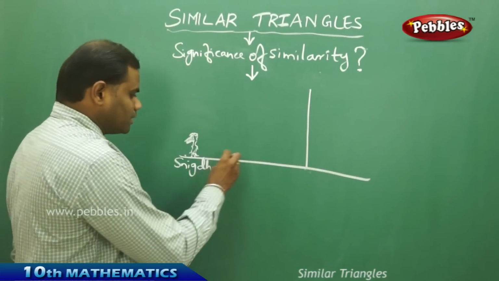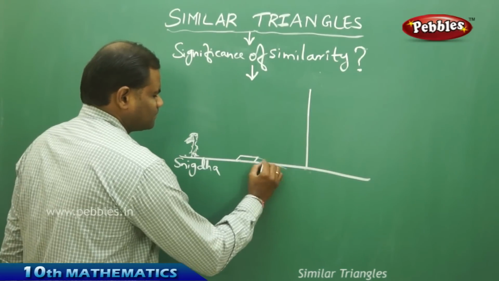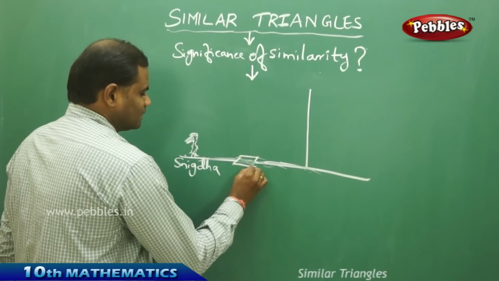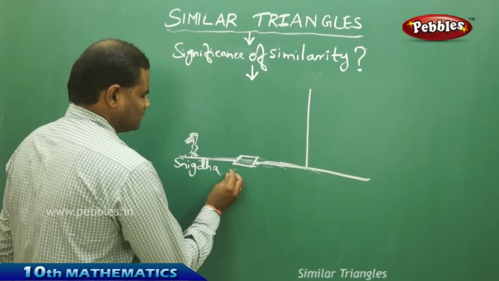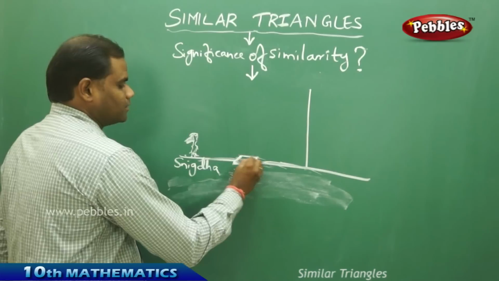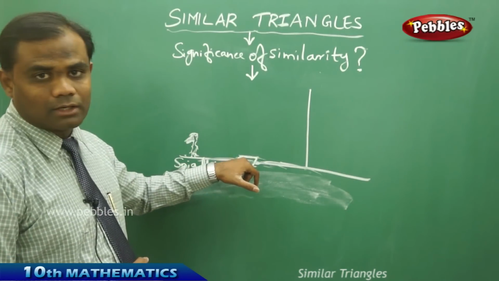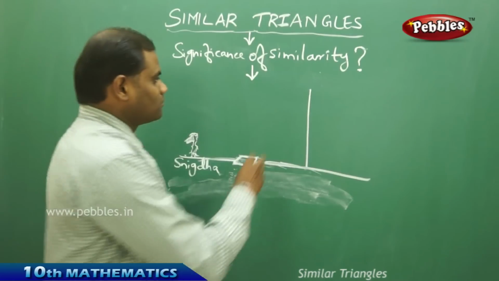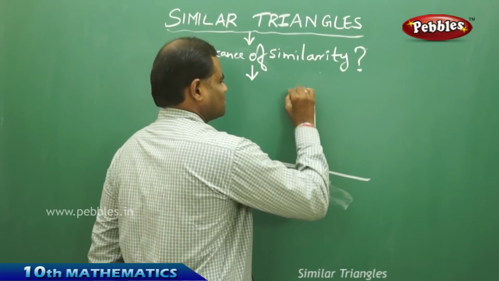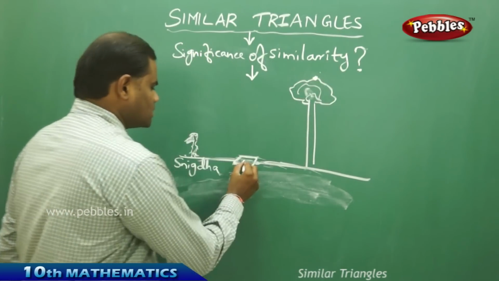She brought the mirror and he asked her to put it somewhere on the ground. So this is the ground, and she placed the mirror here. He asked her to start looking into the mirror until the top of the tree is visible.